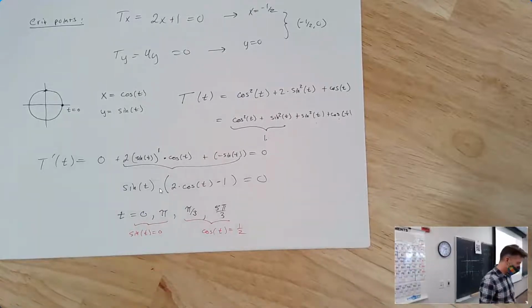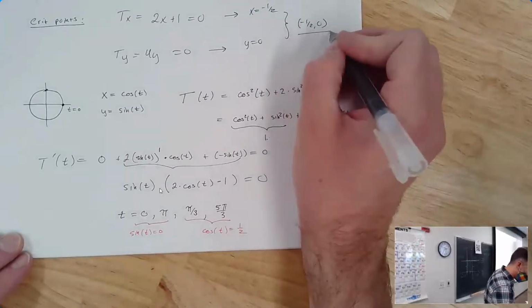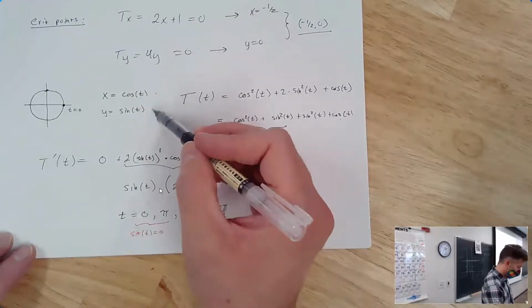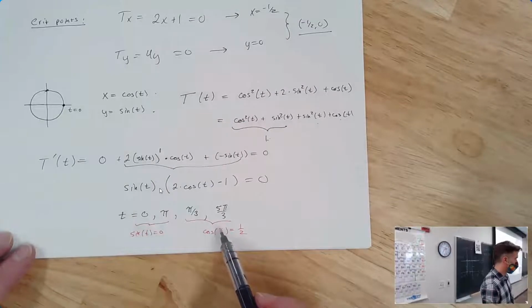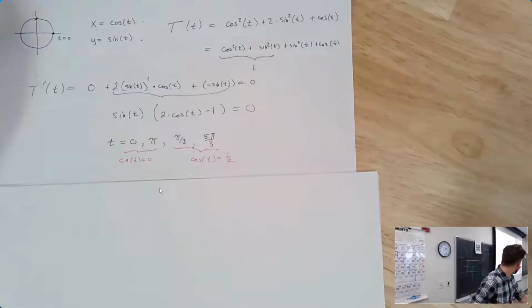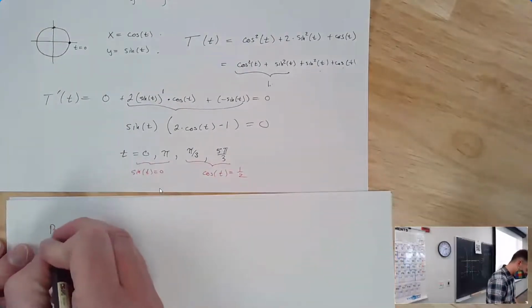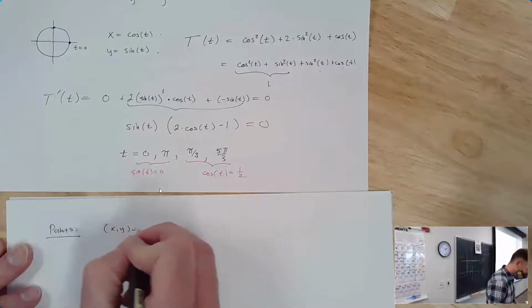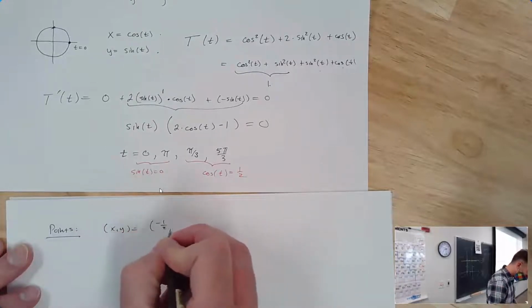And then we finally have all our points. Well, kind of. We have this point here, and then we can go back and plug these into cosine and sine to find the corresponding x and y values. So here are our points: we have (x, y) equal to (-1/2, 0).